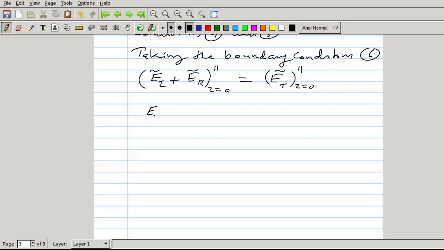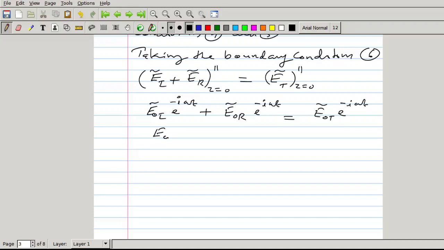So we need to write what EI is. EI is E0I e raised to i(kz minus omega t), at z equal to 0, so that term will be 0. So this will be e raised to minus i omega t, plus ER, which is E0R e raised to minus i(k1z minus omega t), but z equal to 0, so this is minus i omega t, equal to E0t e raised to i(k2z), z equal to 0. So this is minus i omega t. The e raised to minus i omega t will get cancelled.